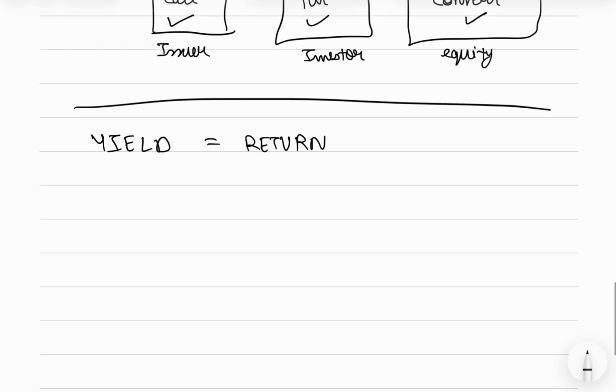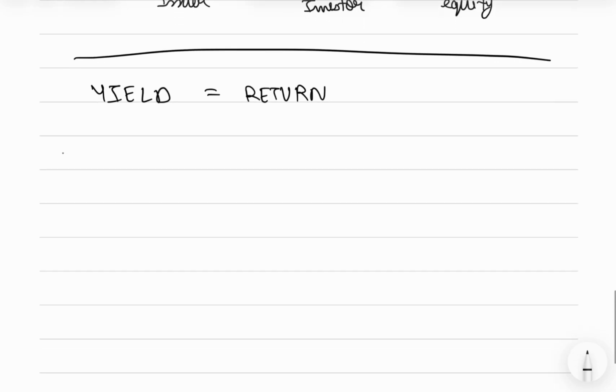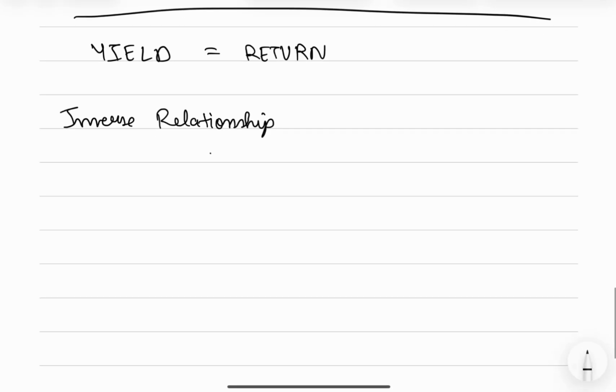Generally we see an inverse relationship between the price and the yield. So if the price of the bond increases, the yield is less, and if the price goes down, the yield is higher.